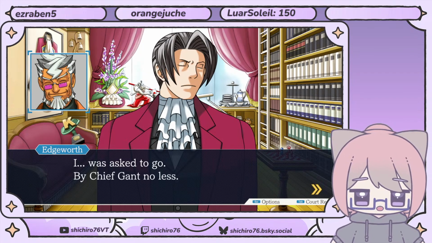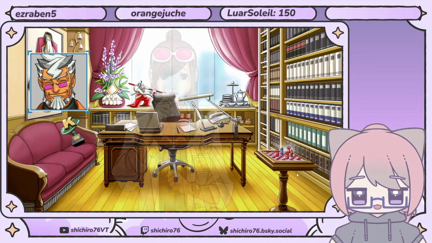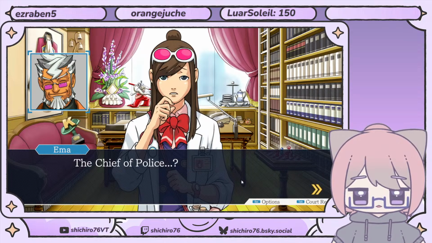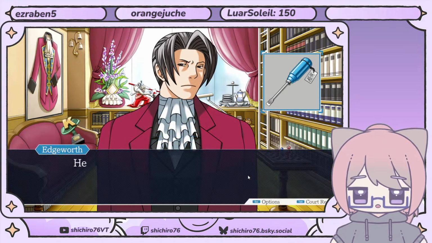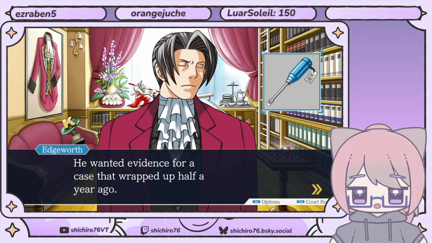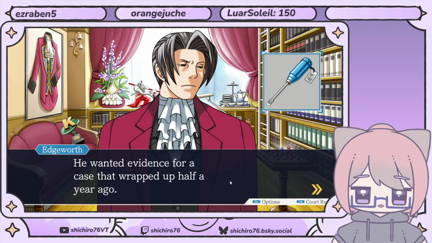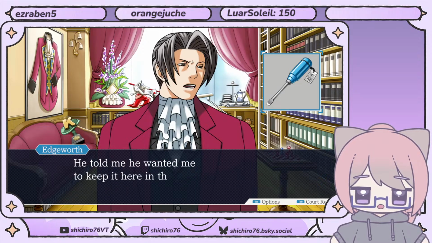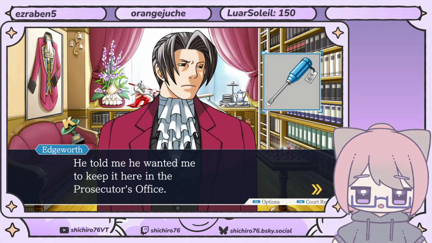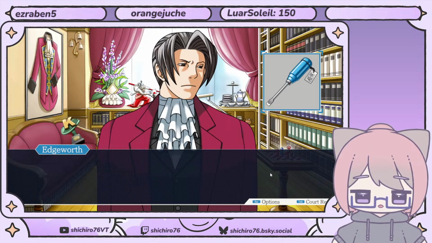I was asked to go by Chief Gant, no less. The Chief of Police? He wanted evidence for a case that wrapped up half a year ago. He told me that he wanted me to keep it here in the prosecutor's office.